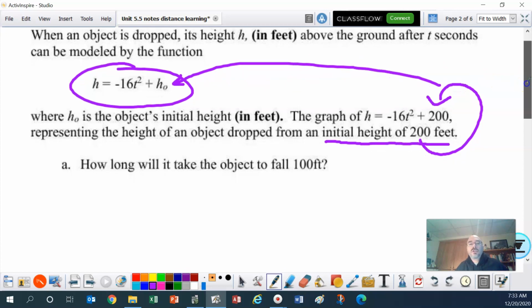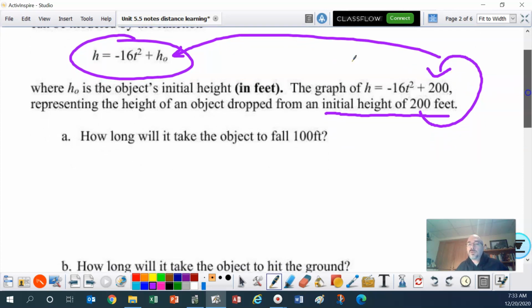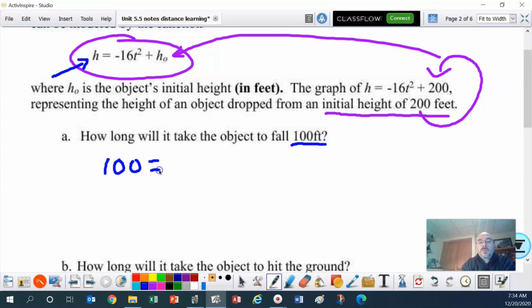The first question is, how long will it take the object to fall 100 feet? That 100, ladies and gentlemen, is going to go in for the h. So we're going to write 100 equals negative 16t squared plus 200. We want to know how many seconds it takes to fall to 100 feet.